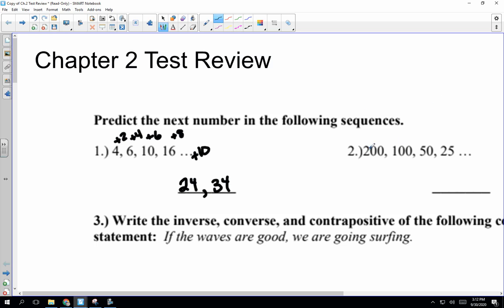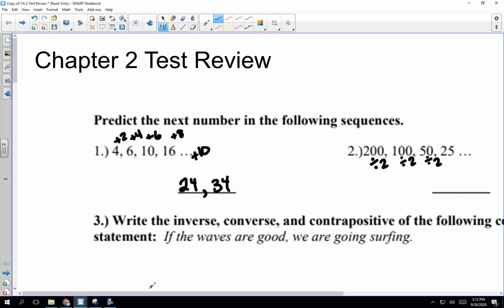Awesome. Okay, so the next one we're looking at is 200, 150, 25. And we can see these numbers are decreasing. It decreases by 100, and then by 50, and then by 25. So I can see that the pattern is that we're going to divide by 2 each time.